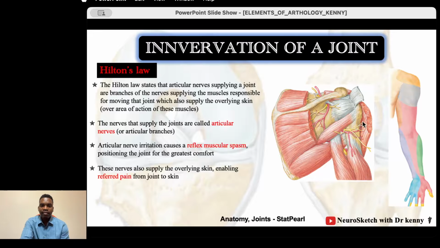So the nerves that supply the joints are branches from the nerves that supply the muscles around the joint. This nerve will also supply the skin around the joint. You see?